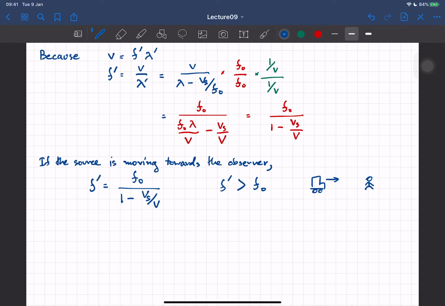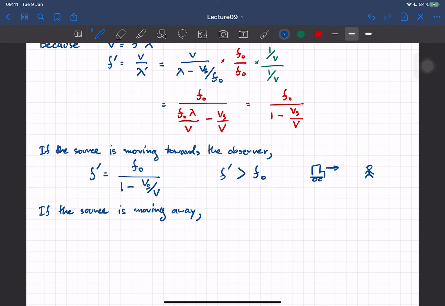But if it's the other way around, if the source is moving away, then you can repeat the analysis. In this case, you're going to stretch the wavelength, so the wavelength becomes longer. If the wavelength becomes longer, the frequency will become smaller.